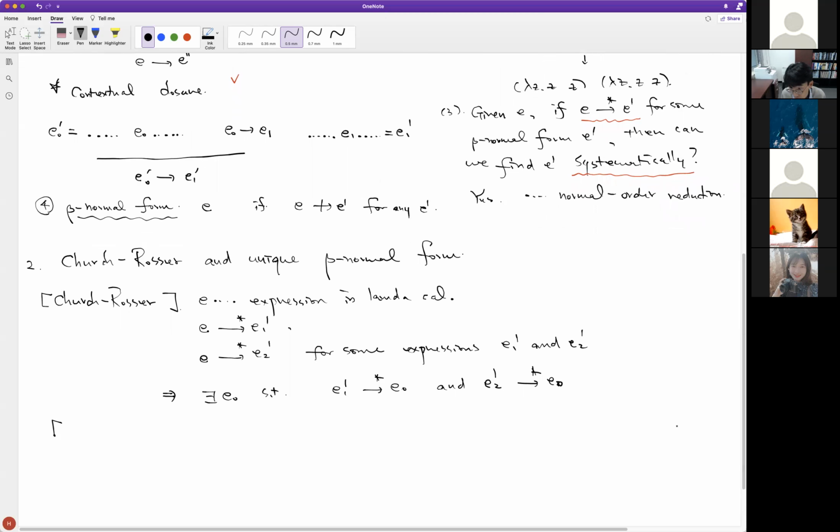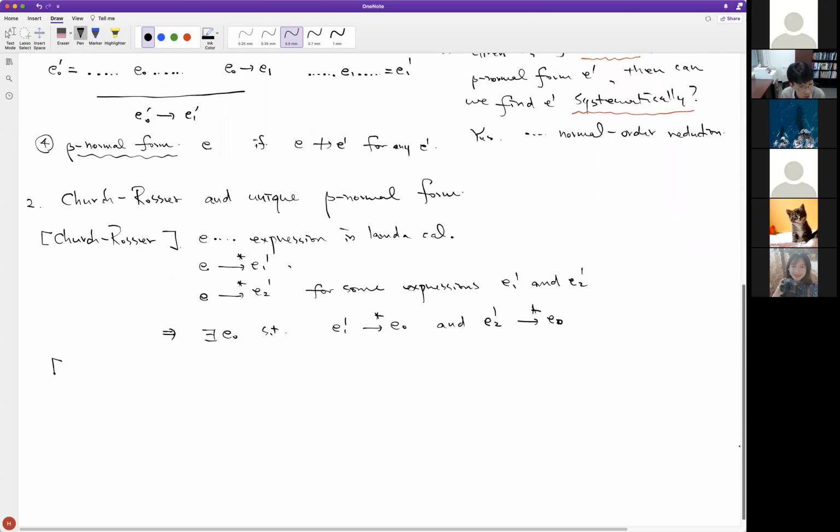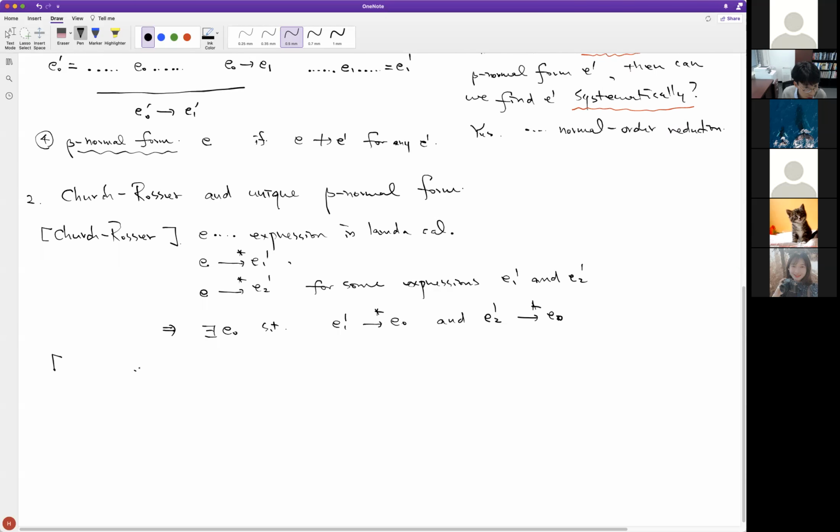This is not a categorical diagram, but it is a diagram that people often use. They write it like this: E can be reduced to E1, and E can be reduced to E2 by applying this contraction. The dotted lines mean existence. So there exists E0 such that E1 prime can be reduced to E0, and E2 prime can also be reduced to E0.